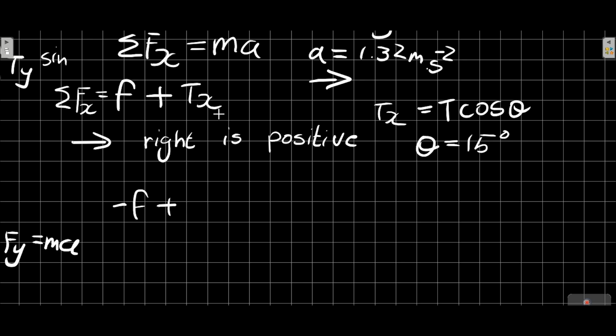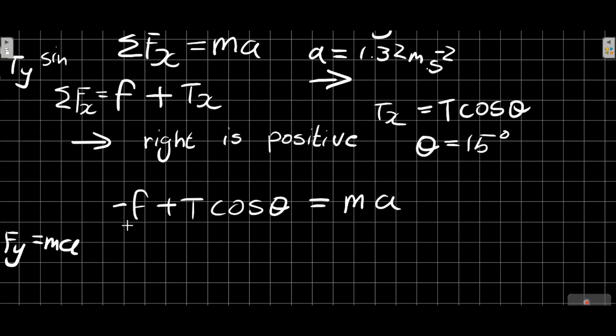Or maybe I should just substitute it in. So the T component of X is T cos theta, and that will equal mass times acceleration.